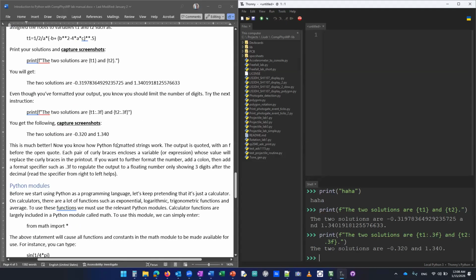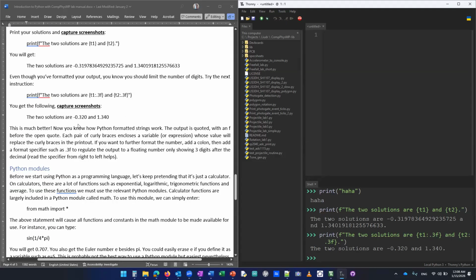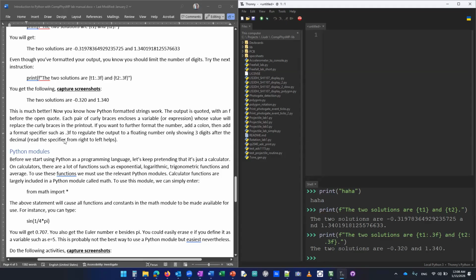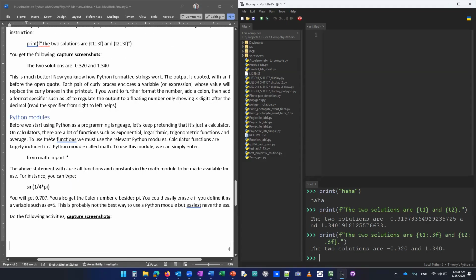Okay, so let's go ahead and do some modules. What modules are, they're functions and features that can be pulled into your Python, or imported into your Python, and then you can start using those modules.